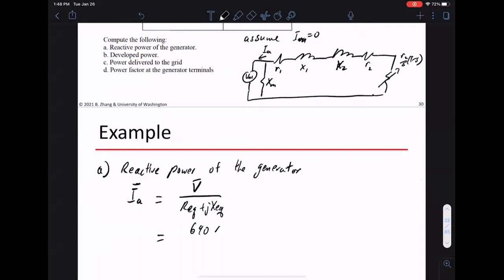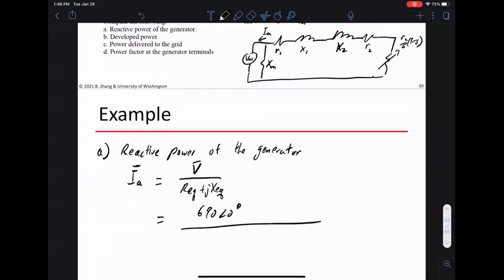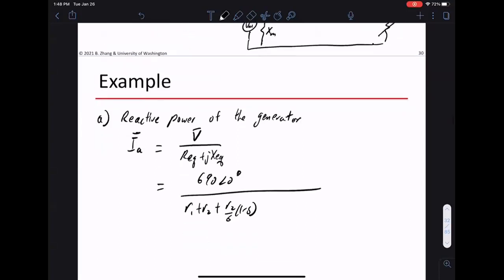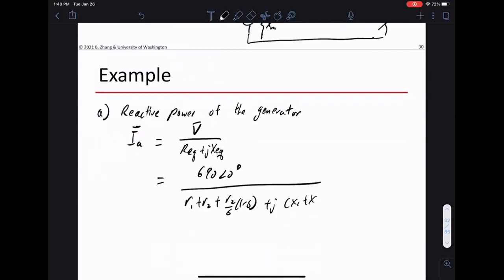This is 690 angle 0 degrees, over the resistance R1 plus R2 plus R2 S, 1 minus S, plus j times the equivalent reactance, X1 plus X2. Okay, so this is what we have.